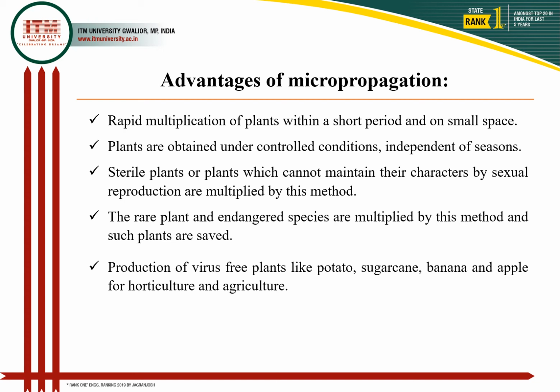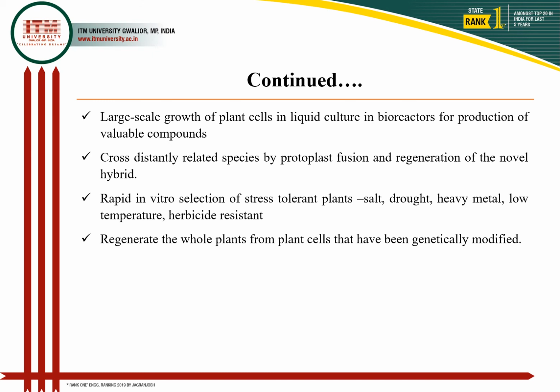It is used to develop virus-free planting material, most commonly in potato, sugarcane, banana, apple, and many more. Large scale growth of plant cells in liquid culture is also one of the good techniques, used in bioreactors for production of important compounds, you can say for medicinal use.